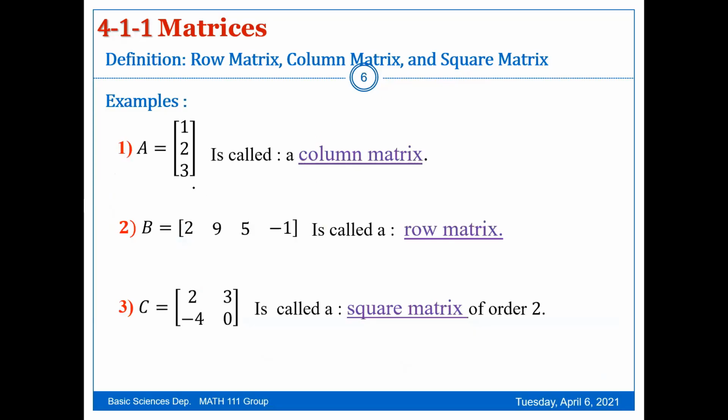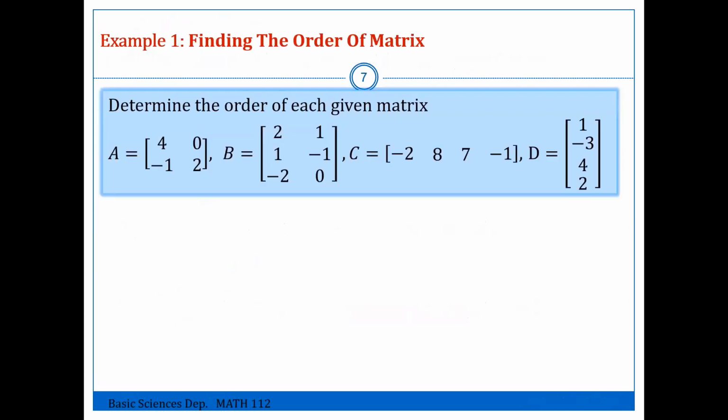So these are some examples. This is a column matrix, 3 rows, 1 column. This is a row matrix, 1 row, 4 columns. This is a square matrix of order 2, 2 rows, 2 columns. So easy. Determine the order of the matrix. What is the order of A? 2 times 2. So this is a square matrix, of order n equal 2.